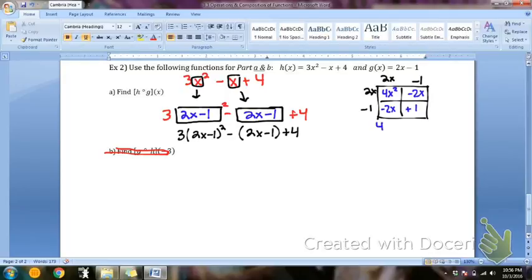So we're getting 4x squared minus 4x plus 1.